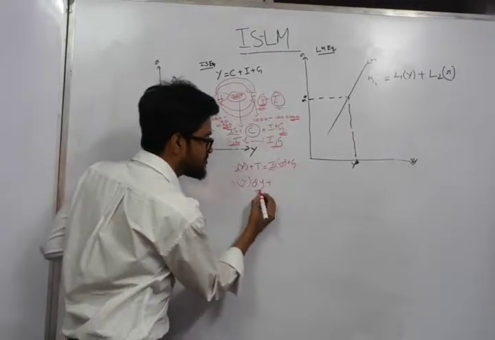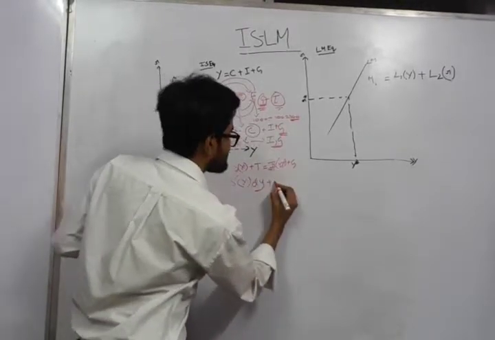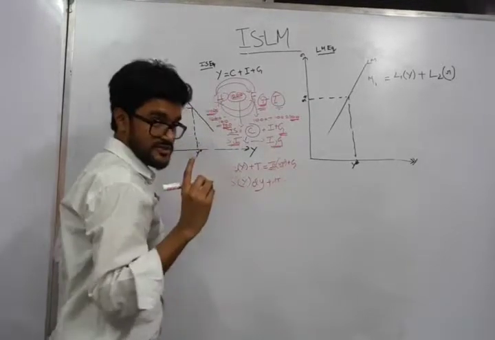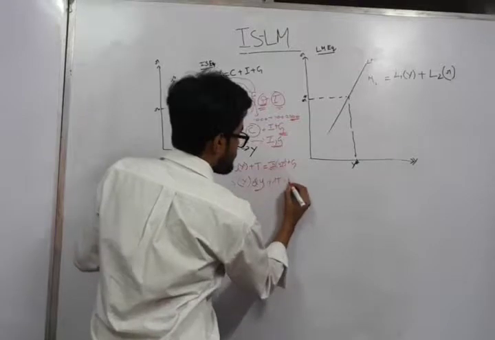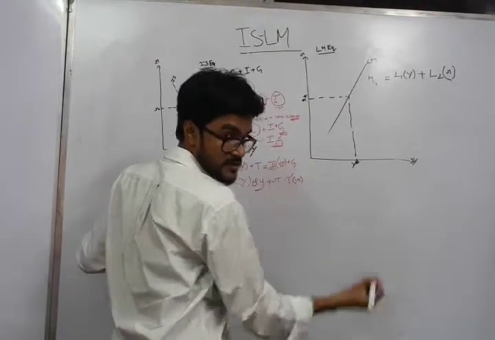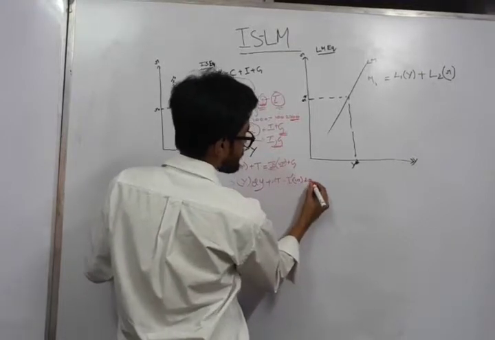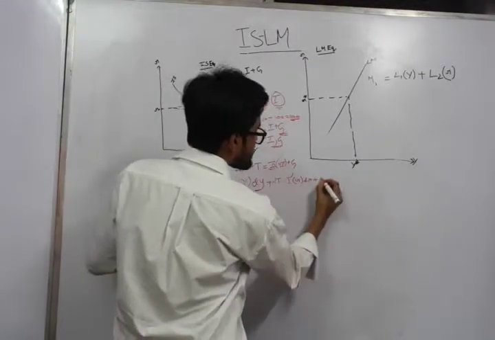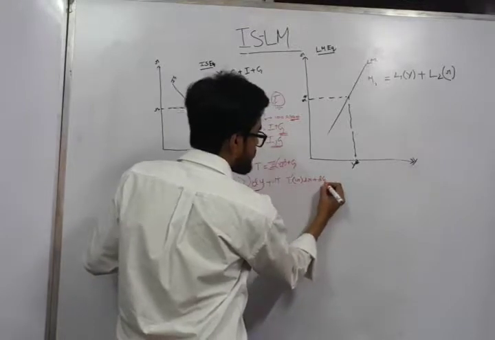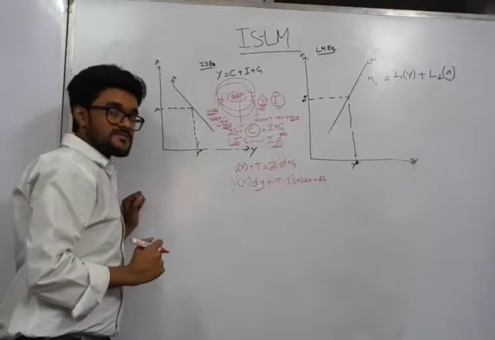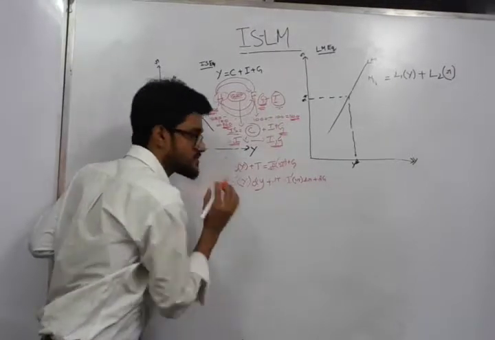So we get dy here, and t is differentiated, which is termed as dt. Investment is differentiated with respect to r, so we write dr here, and government expenditure is differentiated, so we get this as a result of first order differentiation.